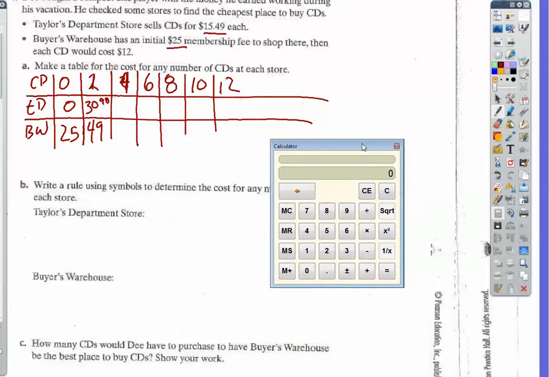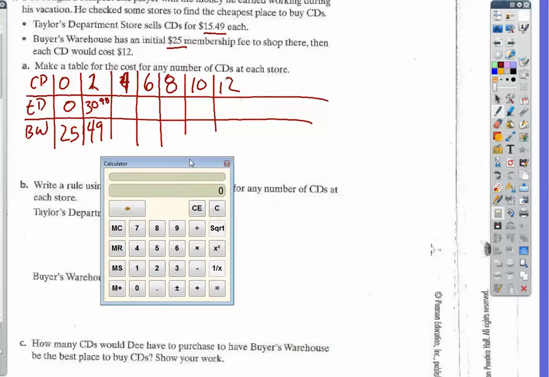I'm just going to continue with the department store first. So we have 49 times 2, because I'm counting by 2s. And then I'm going to add another 2 CDs. There we go. So 4 CDs is $61.96. Add 2 more CDs.